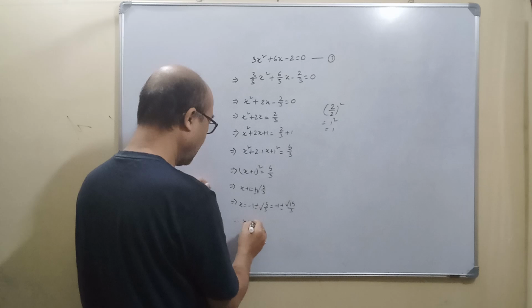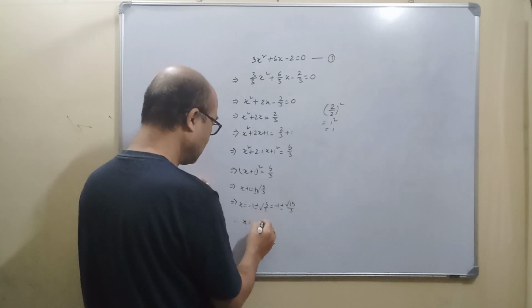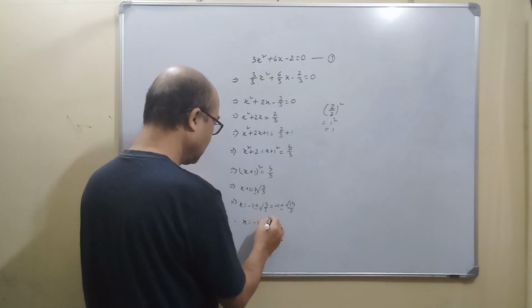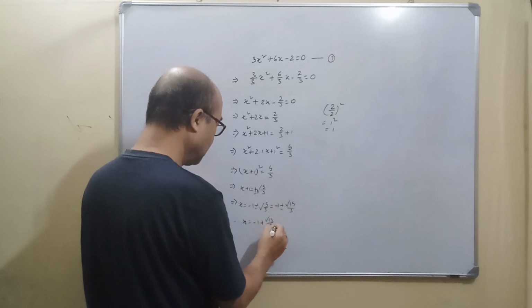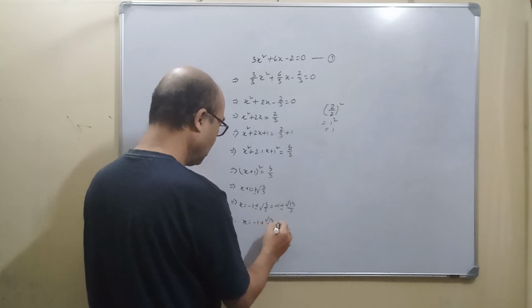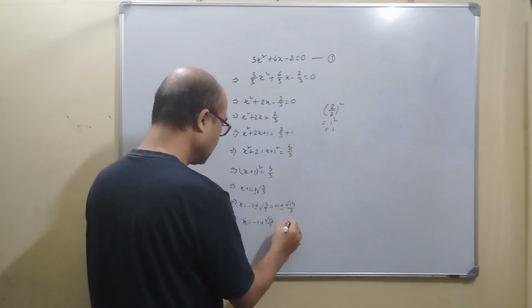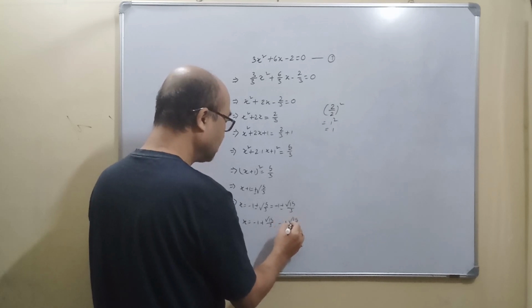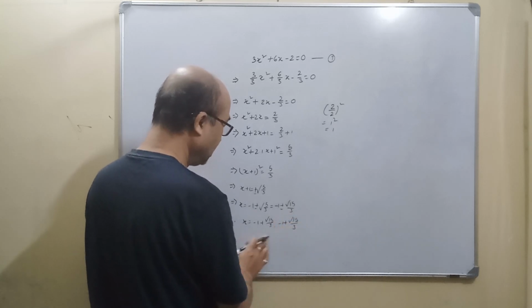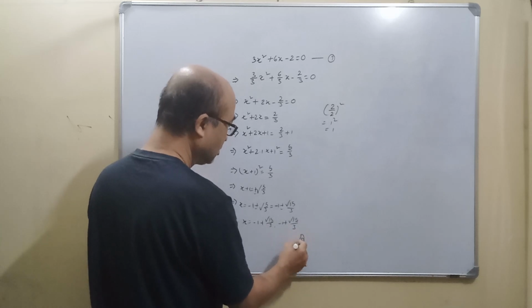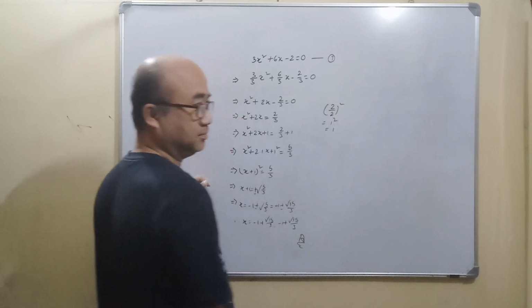Hence, x is equal to minus 1 plus square root of 15 by 3, or minus 1 minus square root of 15 by 3, and that is your solution.